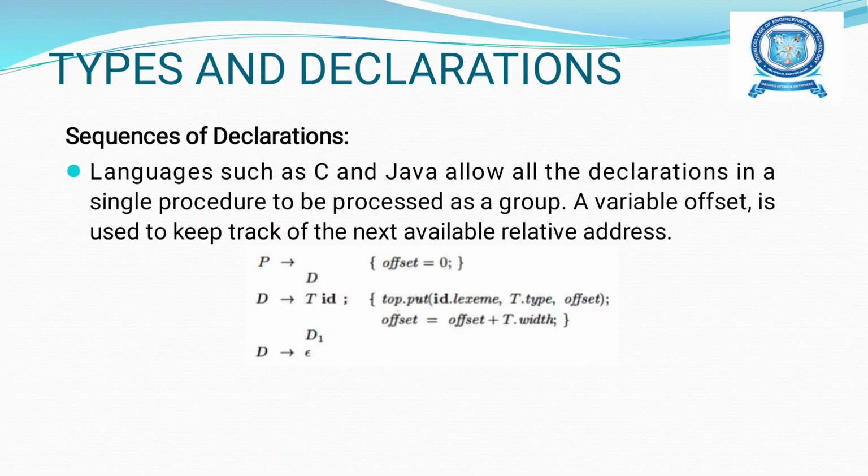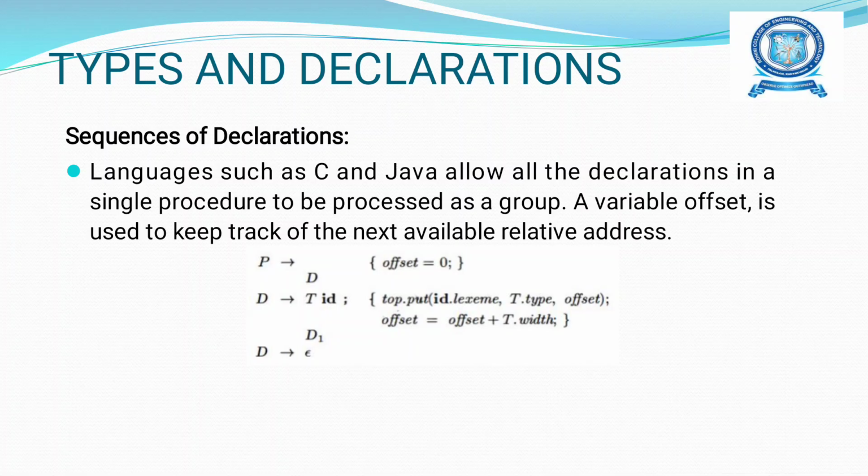In languages such as C and Java, all the declarations in a single procedure are processed as a group. The variable offset is used to keep track of the next available relative address. The C language supports multiple declarations in a single procedure, so the offset calculation is essential for allocating the memory address for each identifier.